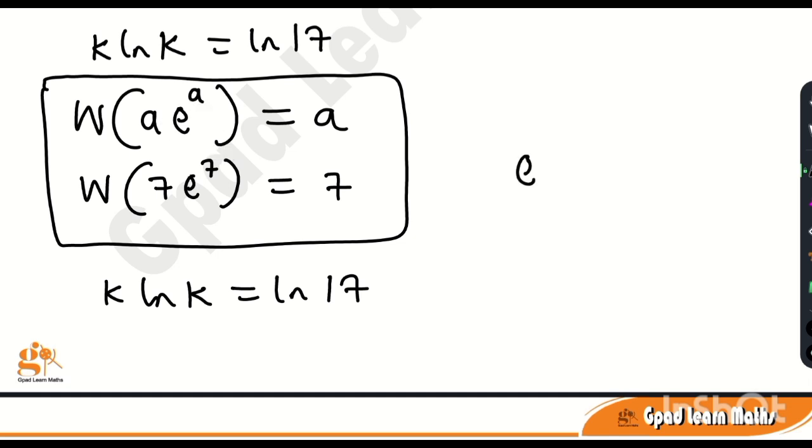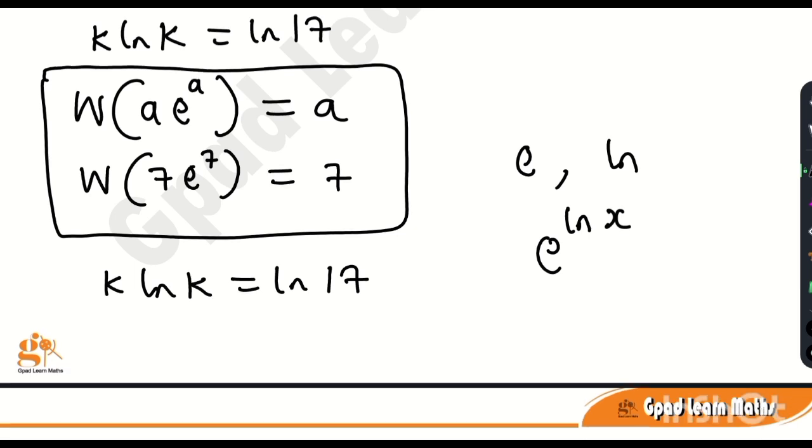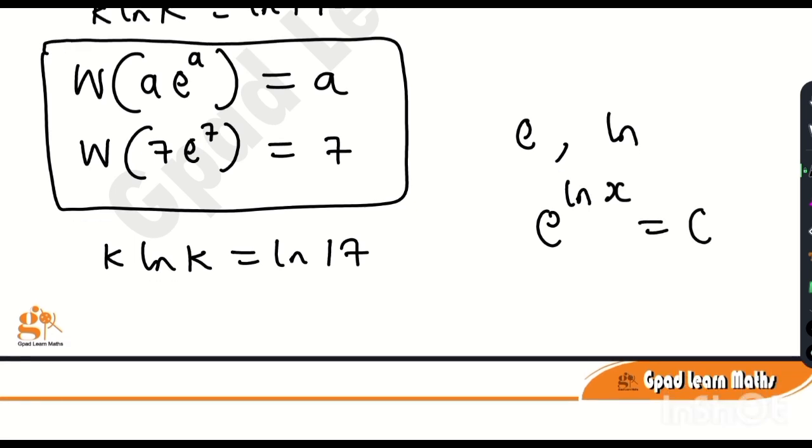Since we know that e and ln are inverse functions, if you have e raised to the power of ln x, for instance, you know that ln is actually natural logarithm. It's a logarithm with a base of e. So we can rewrite this as e to the log base e of x. Because the base of the logarithm here is e and the general base is also e, we can cancel out.